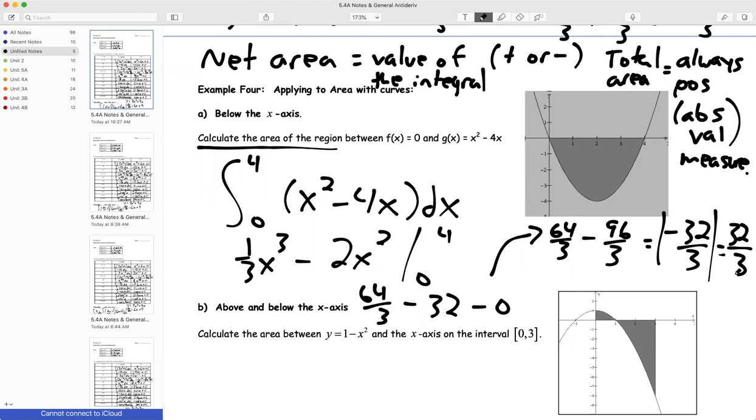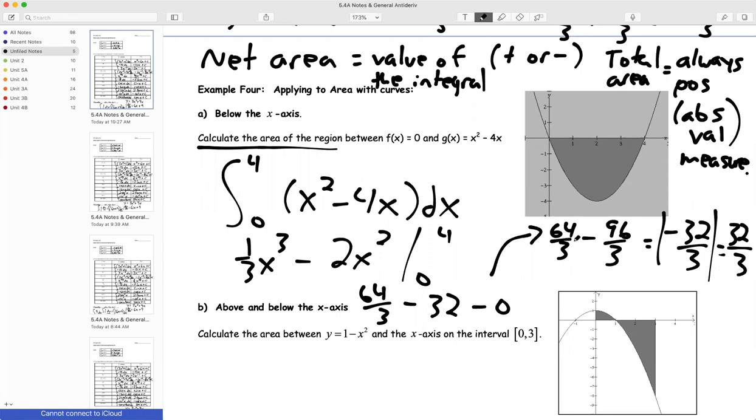If we are doing a problem like you did on the review on Tuesday, where it just asks what's the value of the integral, like if this had said what's the value of the integral from 0 to 4, then it would be negative. But if it's asking you to calculate the area of the region, that is total area.